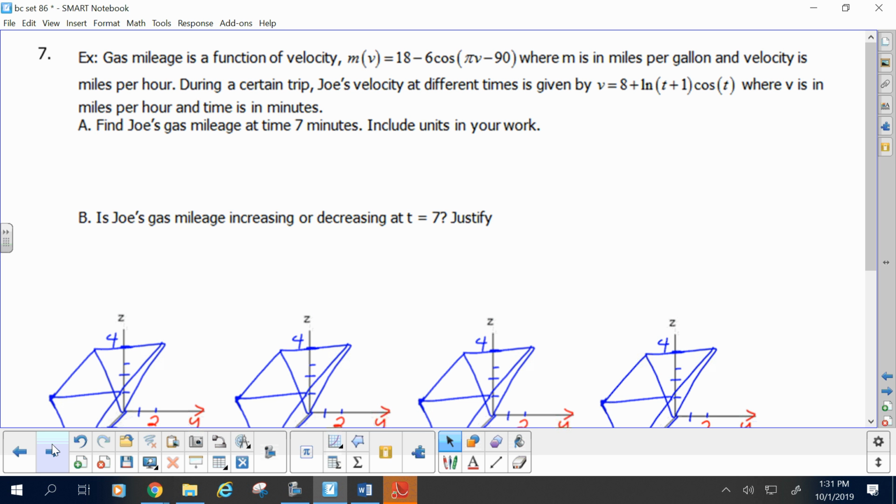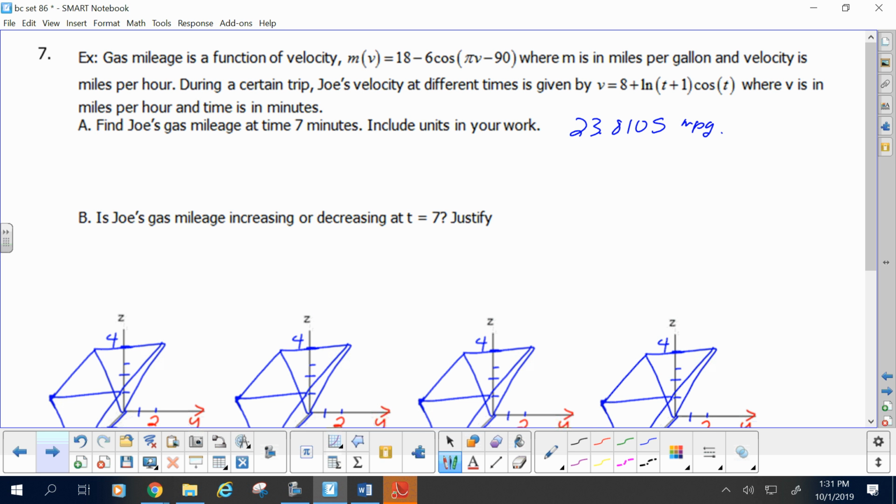So, 7. How did 7 go? I don't know. I don't have the answer. 7 was difficult. 7 was difficult. I have for 7a, I have 23.8105 miles per gallon. Okay.